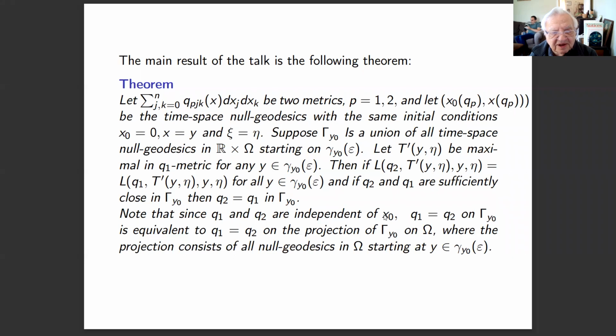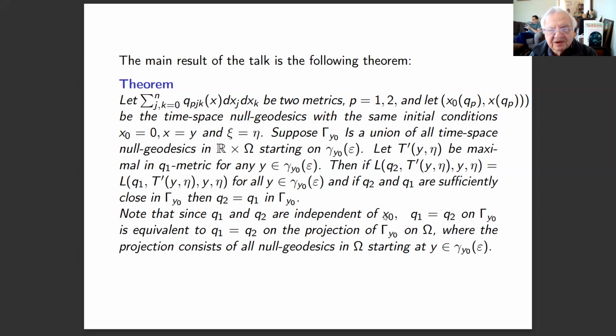T prime is where it reaches the boundary of the cylinder R cross Omega. So it's not in the domain when little t is larger than T prime. So this is why it's called maximum.